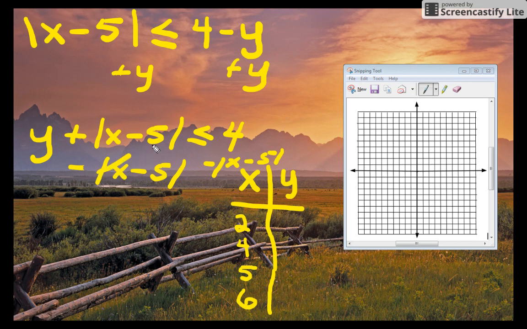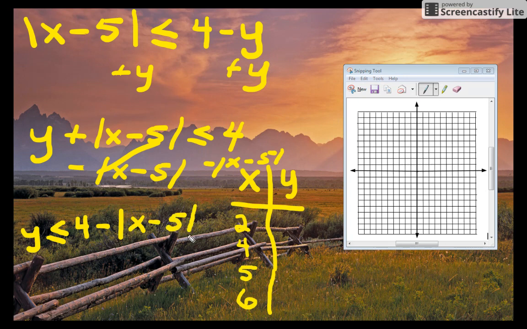Okay, so it crosses out here, and what it leaves us with is y is less than or equal to 4 minus the entire absolute value of x minus 5.